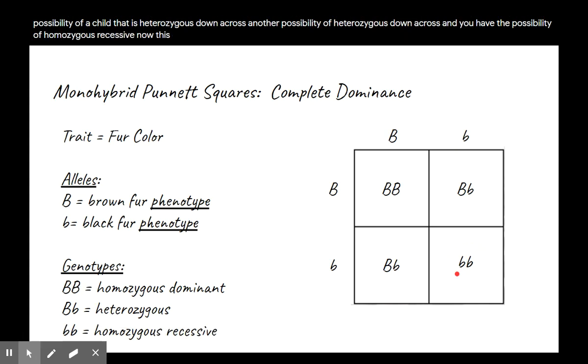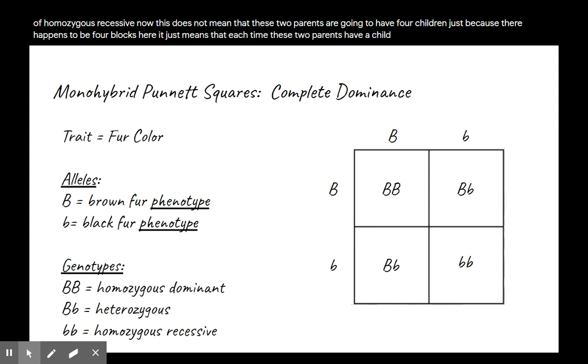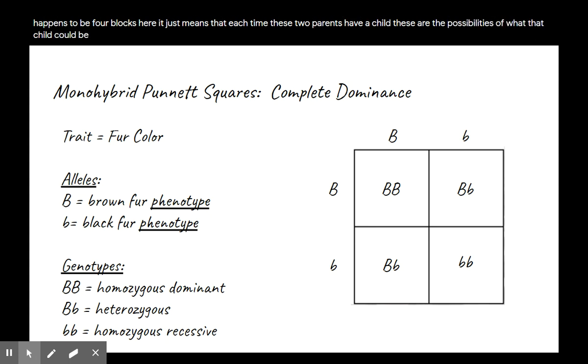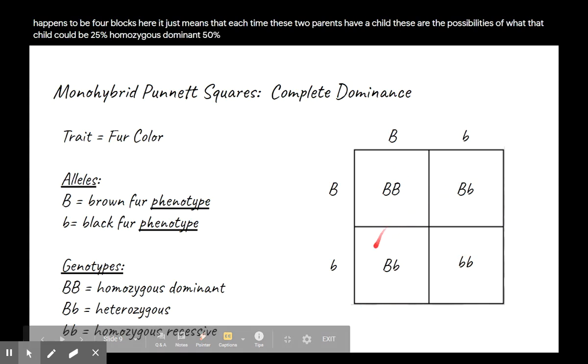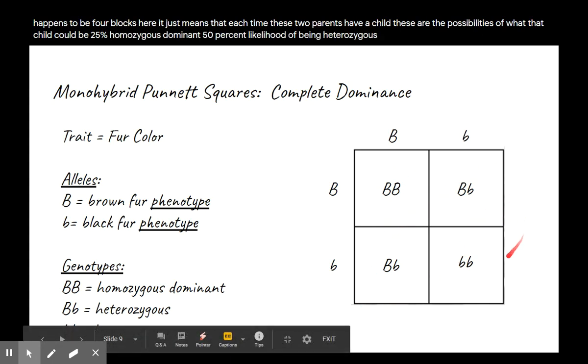Now, this does not mean that these 2 parents are going to have 4 children just because there happens to be 4 blocks here. It just means that each time these 2 parents have a child, these are the possibilities of what that child could be. 25% homozygous dominant, 50% likelihood of being heterozygous, 25% likelihood of being homozygous recessive.